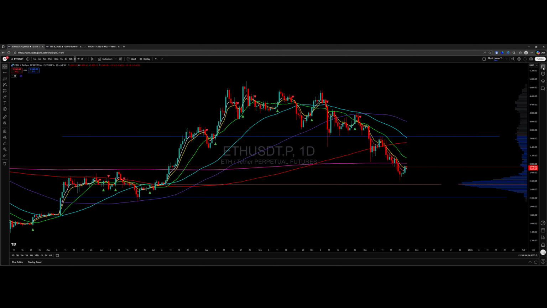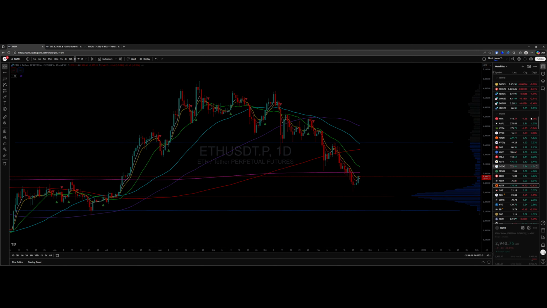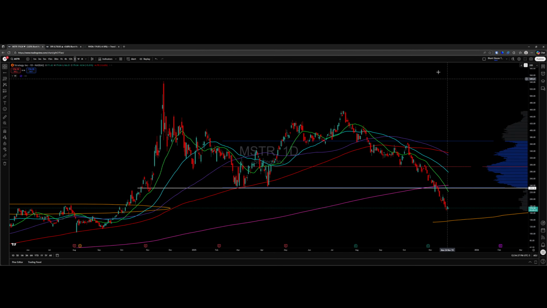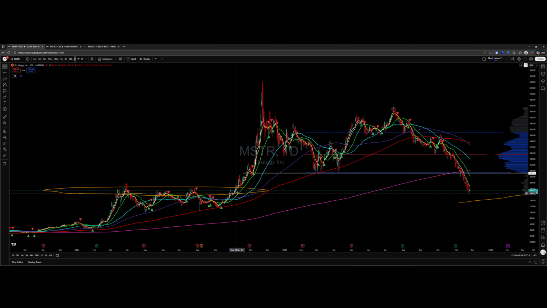Another great example of that is MicroStrategy. We did this in the chat one time where we circled all of this to the left, because as price was falling, it was going to look for high concentrations of price from the past as it broke these levels.